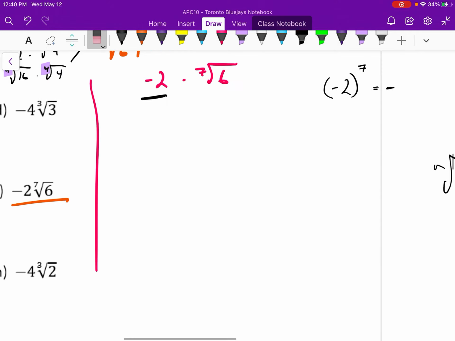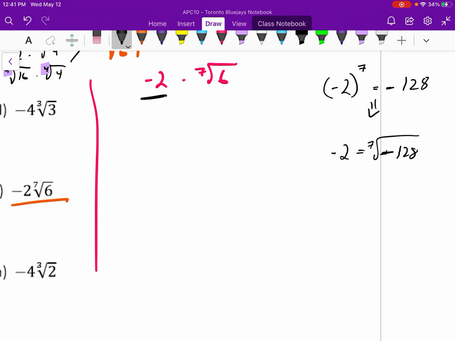So 2 times itself 7 times is 128, but negative 2 times itself 7 times is negative 128. So this implies that negative 2 is equal to the 7th root of negative 128.